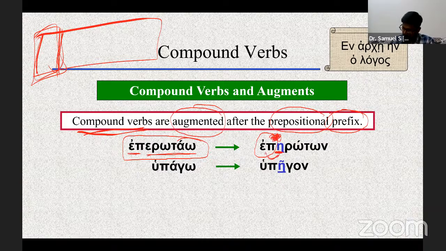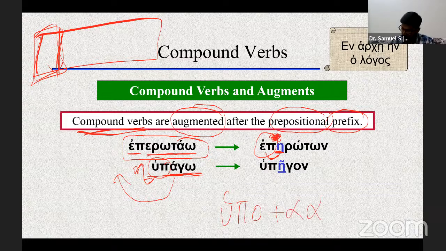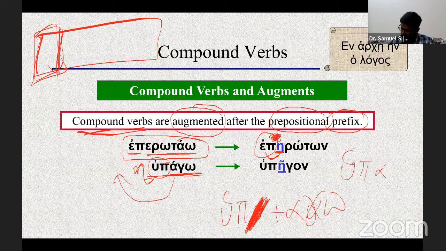Same thing. Hupago. When you have to augment this in the imperfect, you don't add the eta before the compound verb. You realize that there is hupo here. Hupo plus ago, right? So the omicron has dropped out. We already saw that because vowel plus vowel. So it's just hupago. Now, let's say you want to add an augment to this in the imperfect tense form.